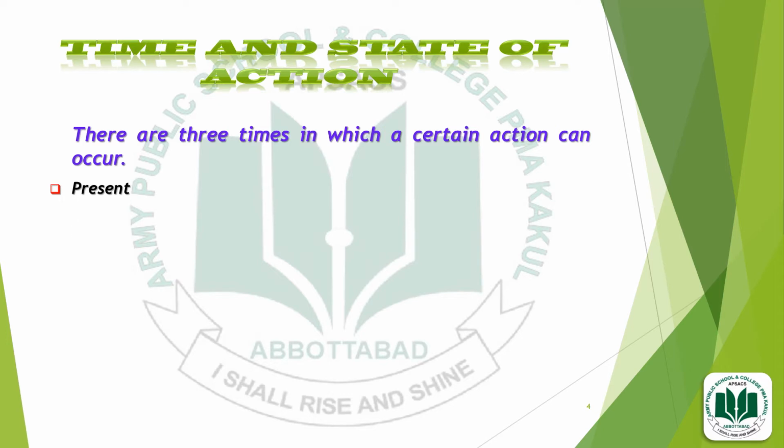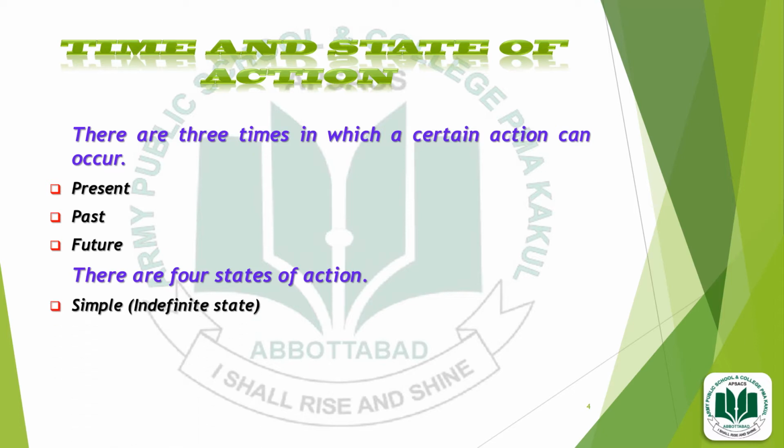They are present, past, and future. Now, there are 4 states of actions. State of action means condition of action, which shows whether the action is completed or still going on. So we have 4 states of action.